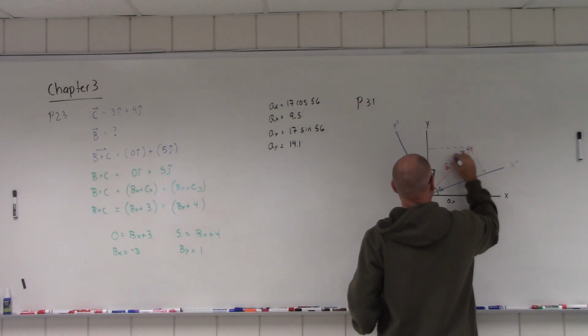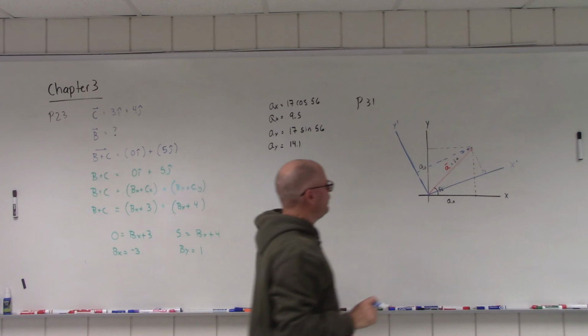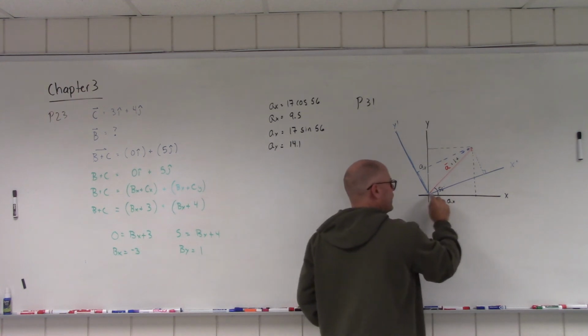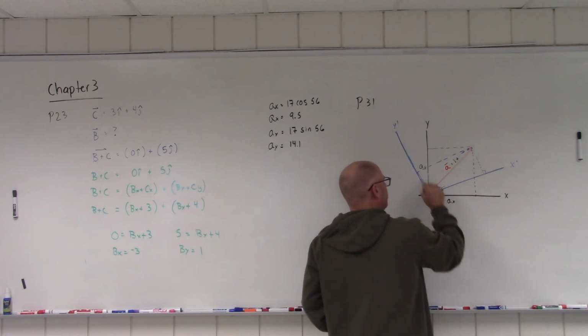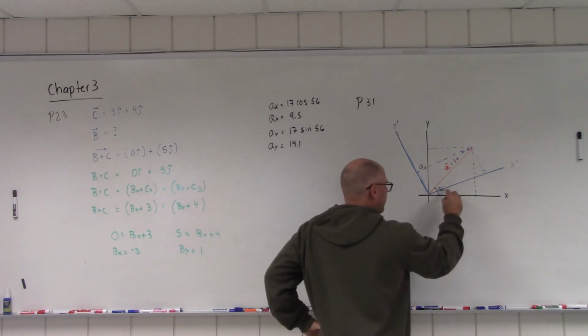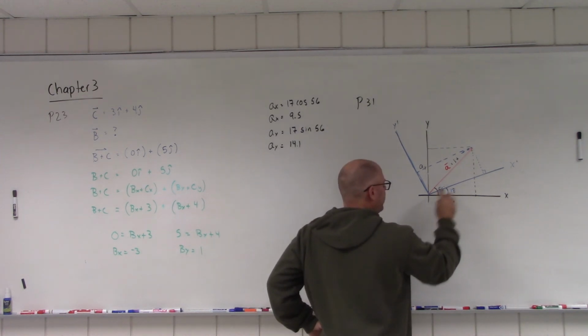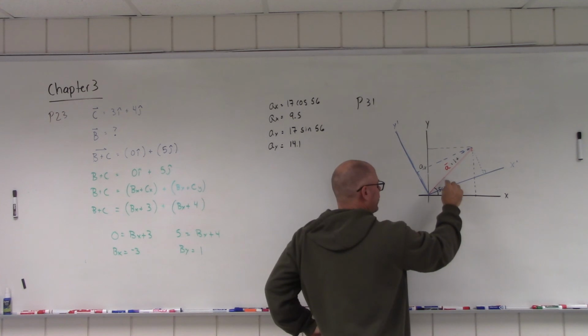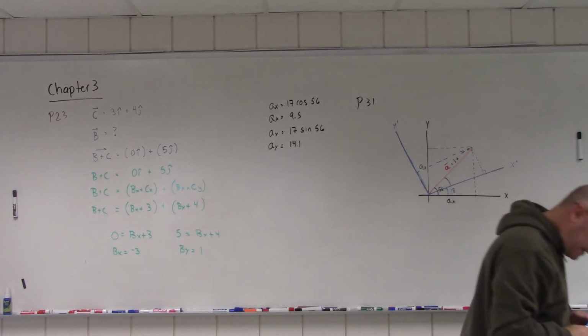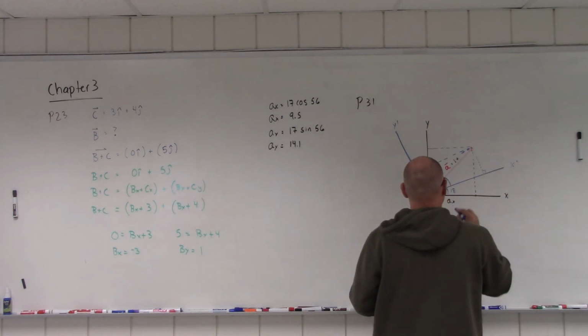And then it wants to know what these components are. So now we can see that this one got longer, but this one got a lot shorter. So if this down here is 18 degrees, then the angle we're actually interested in is this one here. So 56 minus 18 is 38.